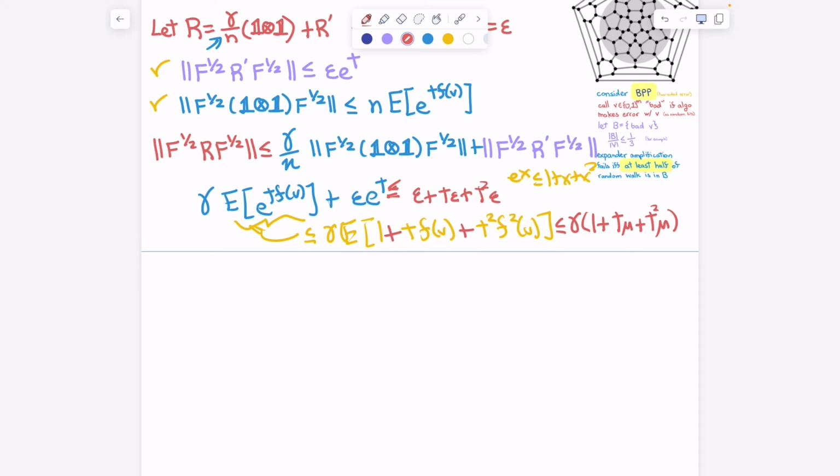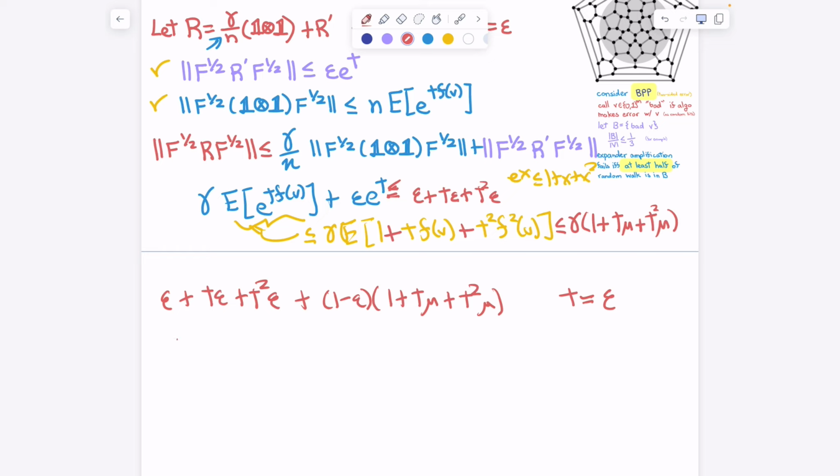We have epsilon plus t squared epsilon plus 1 minus epsilon is gamma times 1 plus t mu plus t squared mu. I'm going to set t to be epsilon just to start killing things off.